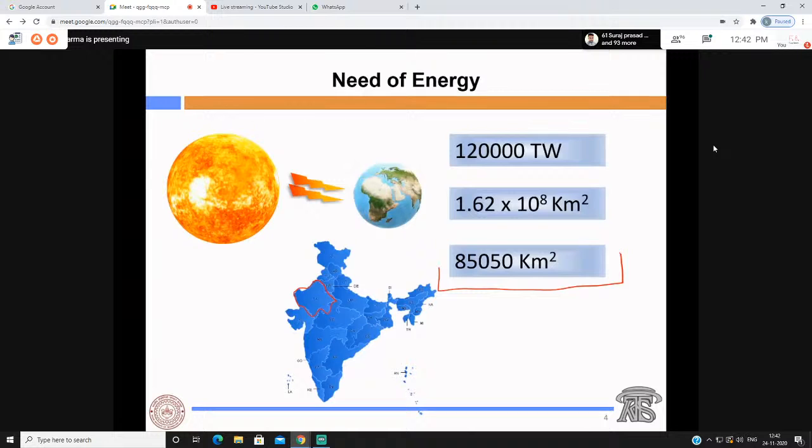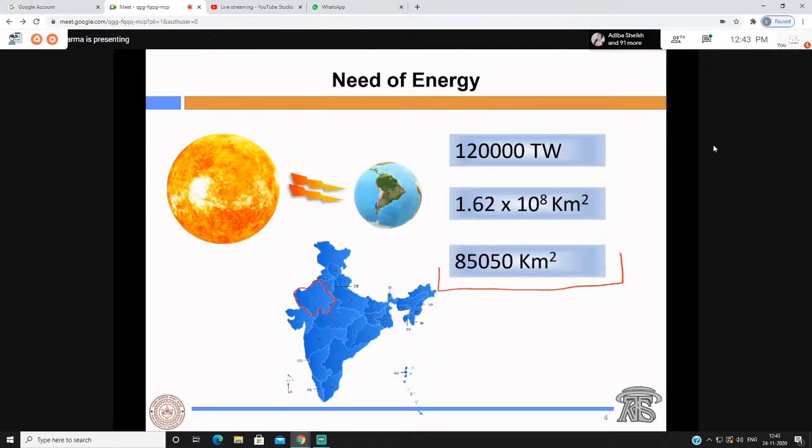Okay, so now you can understand how small a space is required to satiate the need of everyone. Now, this is just for understanding the amount of energy we need, and the potential of solar energy to satiate that need.